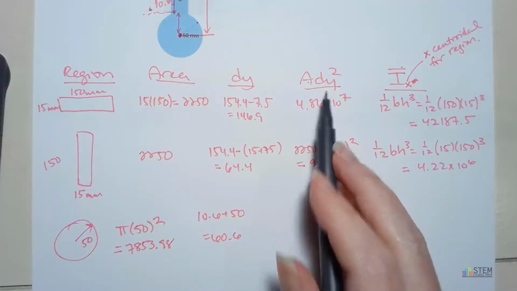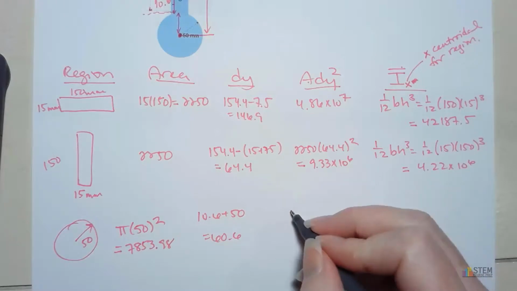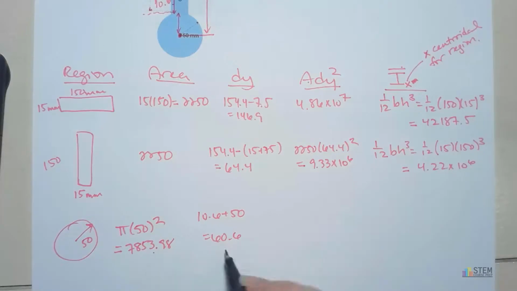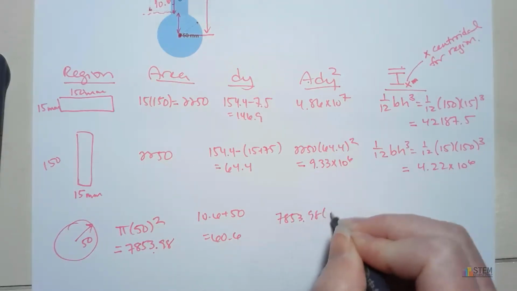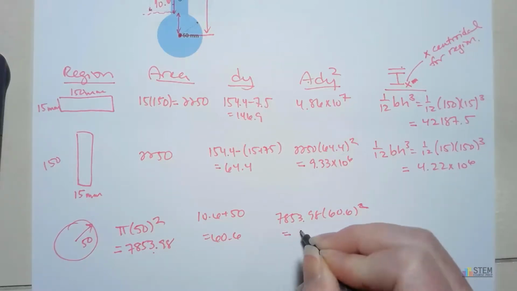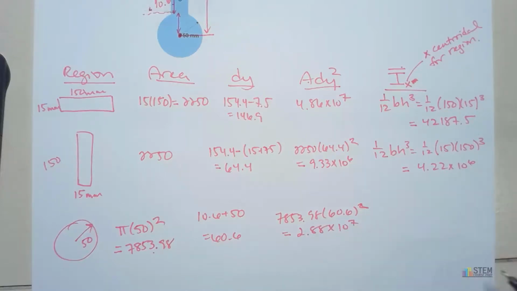So it doesn't matter if it's above or below the line. Now we're going to multiply this times this squared. And once you do that, we get 2.88 times 10 to the 7th.